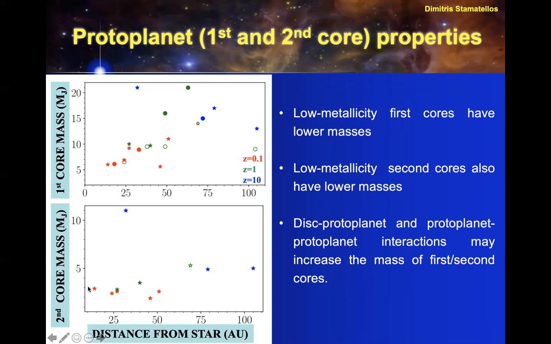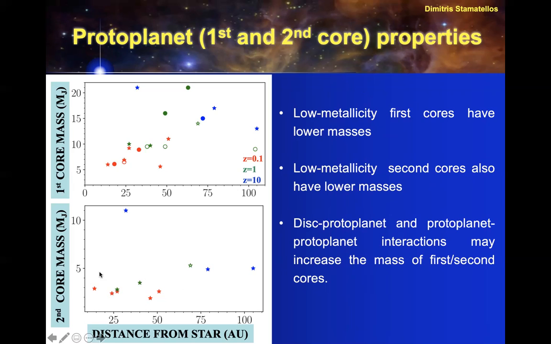And then we also plot the second core mass, again with respect to the distance from the star that they form. Again, you see that the red dots, the lower metallicity cores, have lower masses, about 2 to 3 Jupiter masses, going up to 5 Jupiter masses for more metal-rich disks.